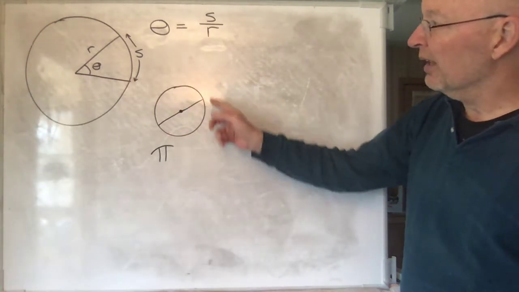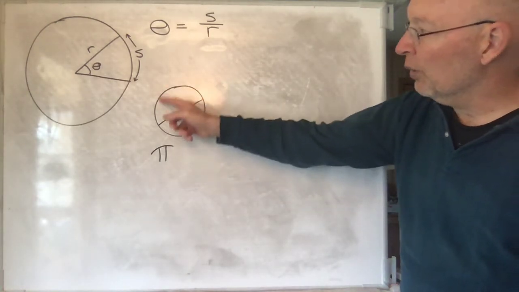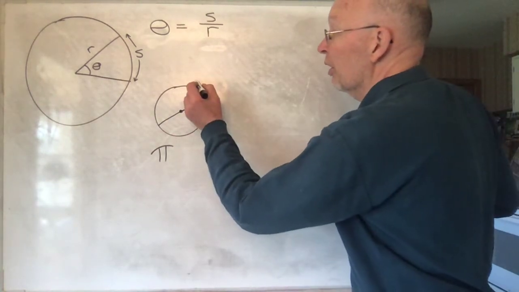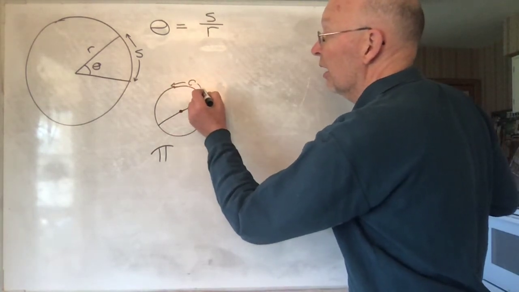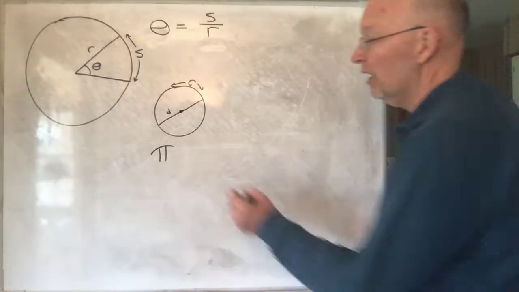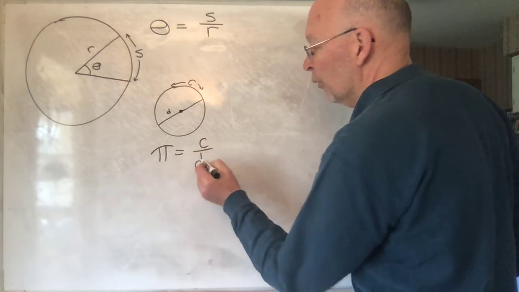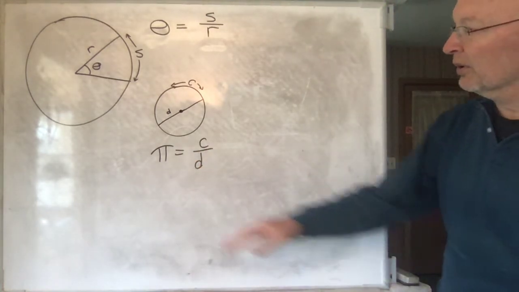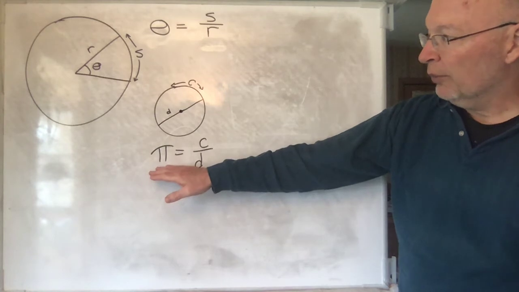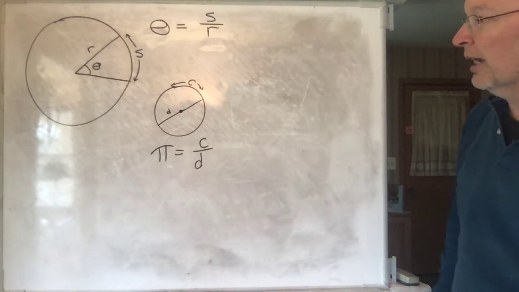And no matter what length of rope they start with, no matter how large the circle, the ratio of the distance around, which we'll call the circumference, and the diameter, which is the distance across, which we'll call d, that ratio is always the same, c over d. And so that ratio turns out to be a number a little bit larger than 3, and we call it pi. So that's the definition of pi.